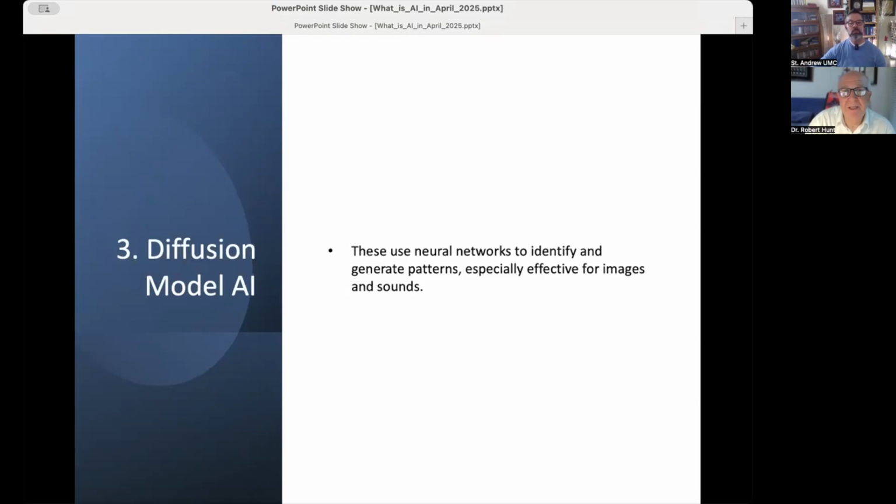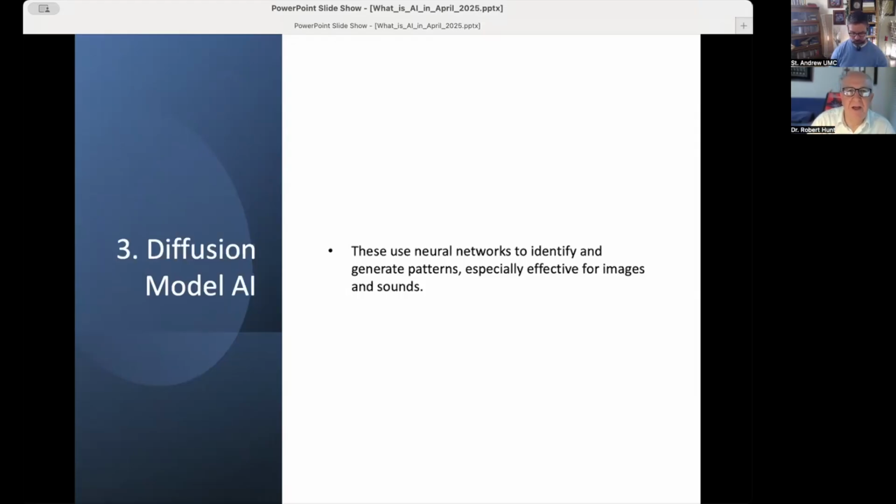The way it basically works is if I ask it for a picture of a bear, it starts with completely random noise, like you used to see on a TV screen with no channel coming through, just random noise. And it starts removing bits of that and looking for a particular image to emerge that's labeled bear.